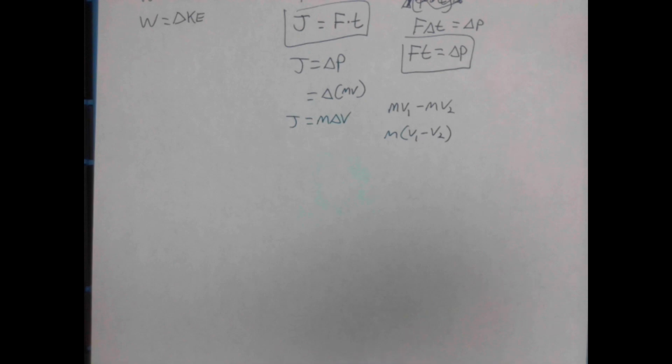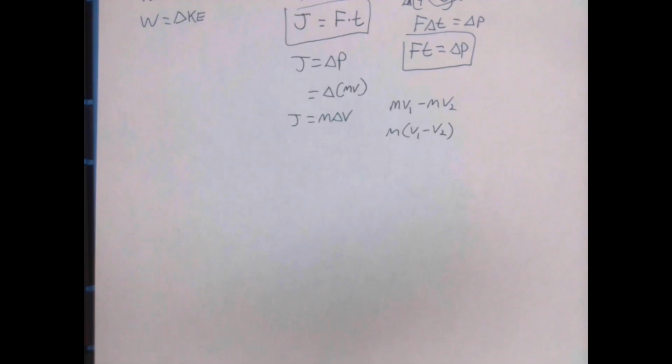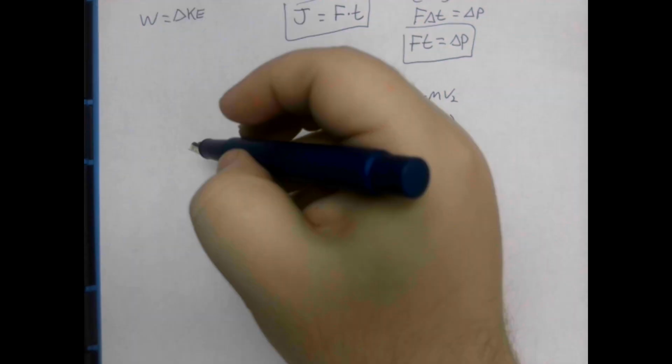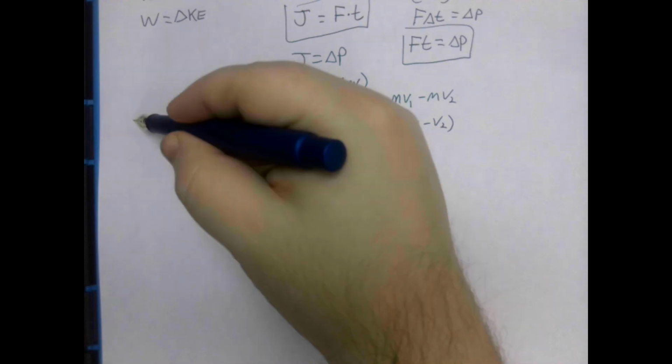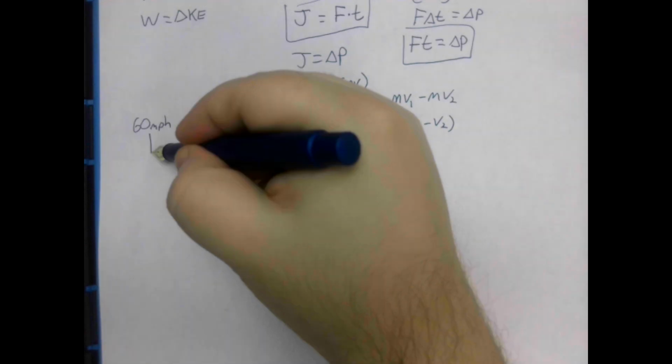So this is an important concept. Change in momentum gives us a way of calculating force. This reconnects it back into force. For example, let's say you start out going 60 miles per hour and you slow down to 0 miles per hour in your car.